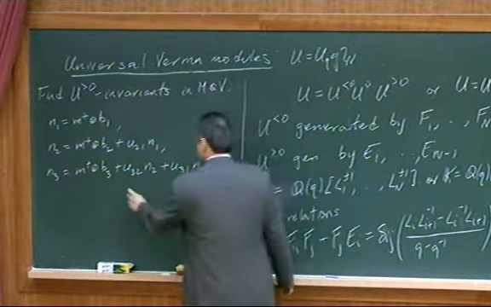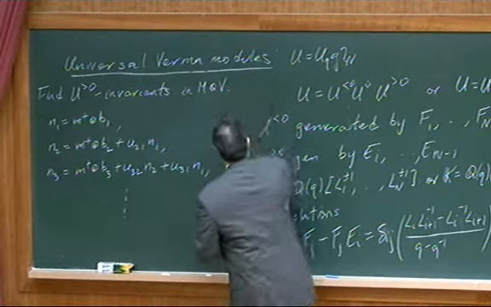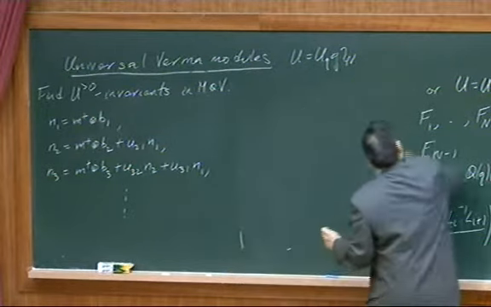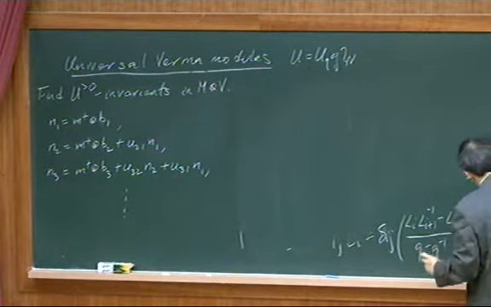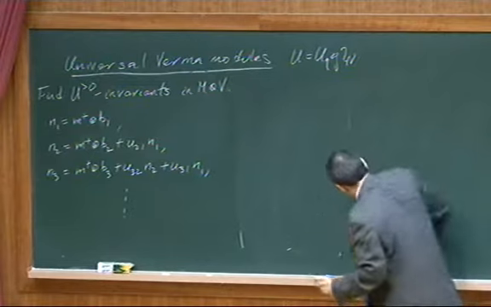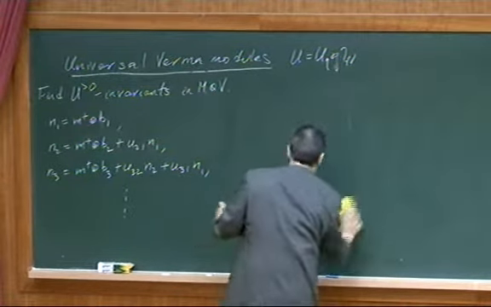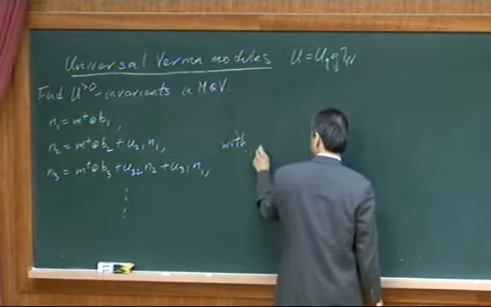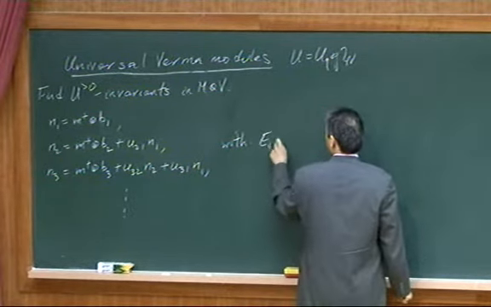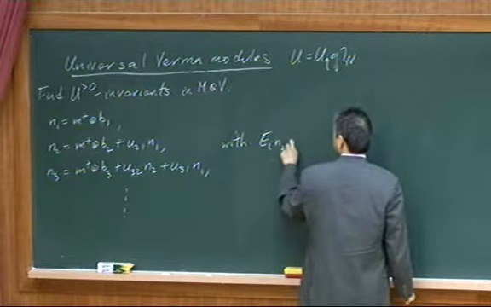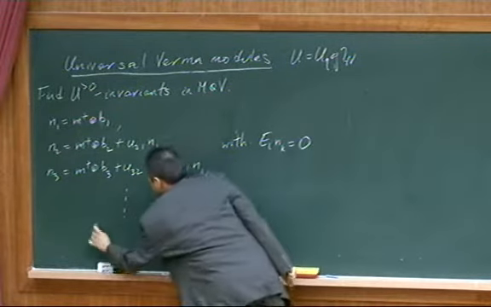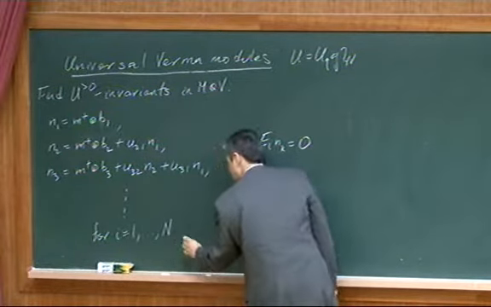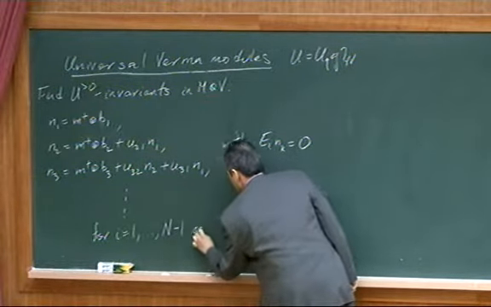So we just look for these vectors, and the condition I want on the vectors is that they are with E_i acting on N_k equal to 0. So this is for all i up to n minus 1, and k.